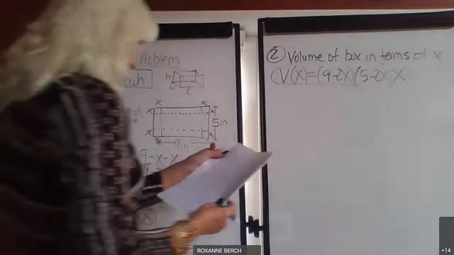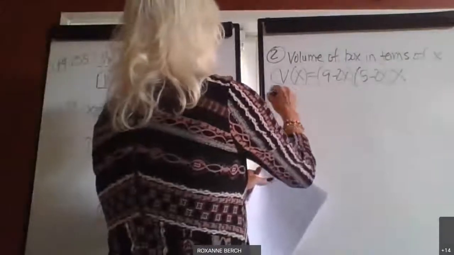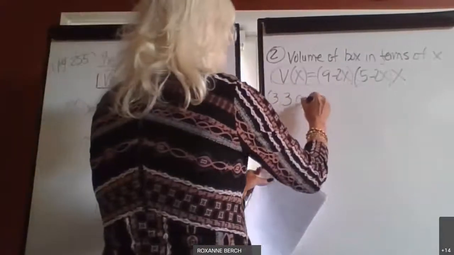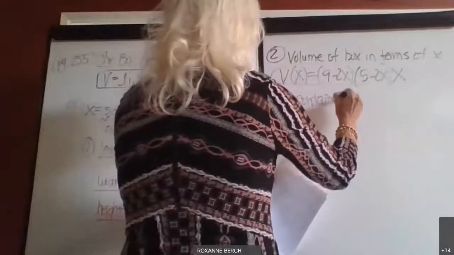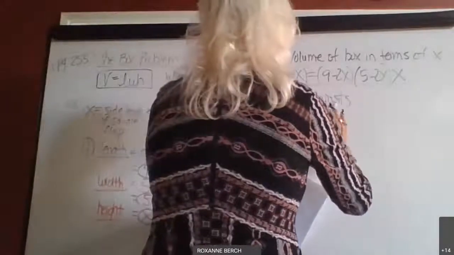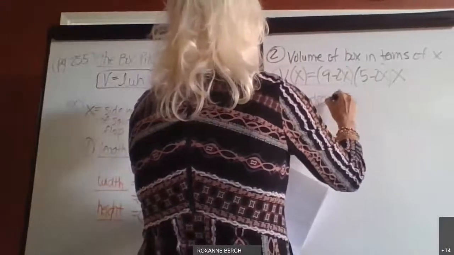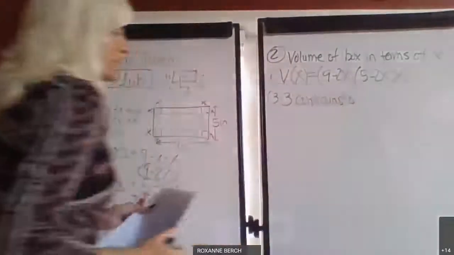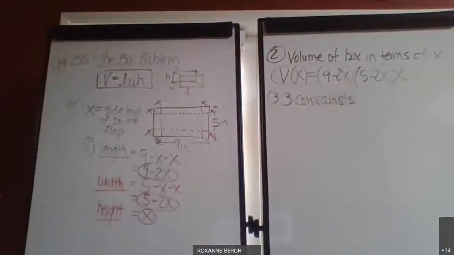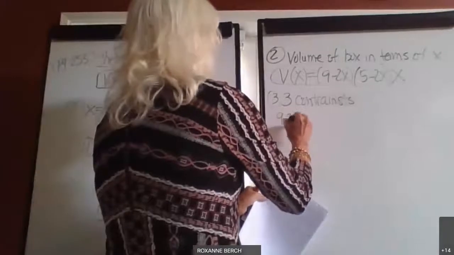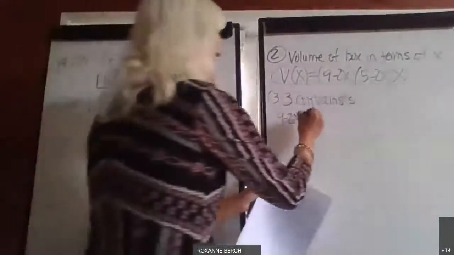Okay, the next thing we're going to do is show 3 constraints and write something called the feasible domain. Constraints means conditions that have to be adhered to. So the first constraint is 9 minus 2x, which is the length, has to be positive.